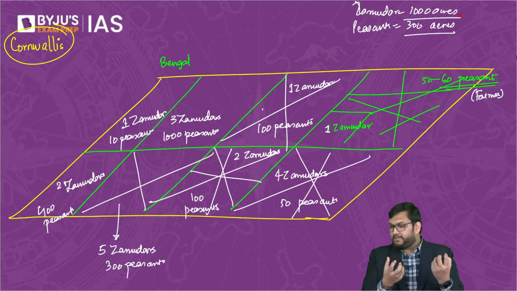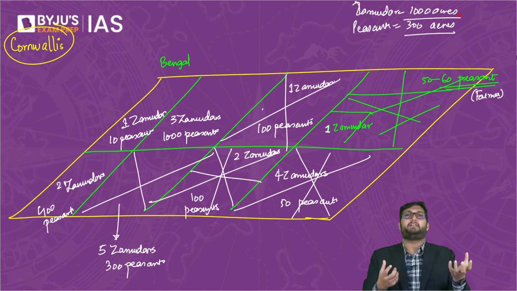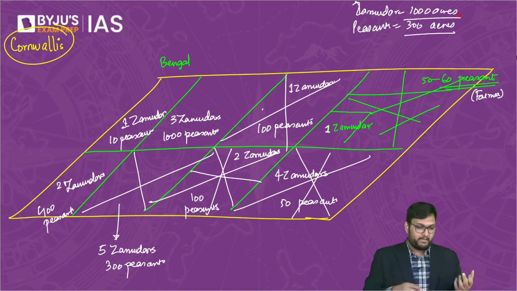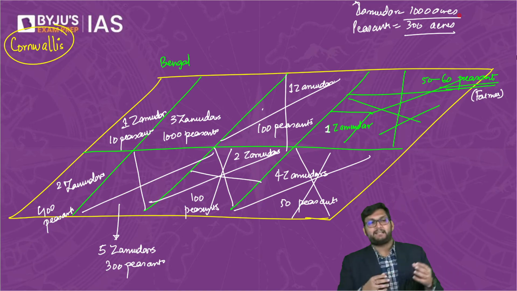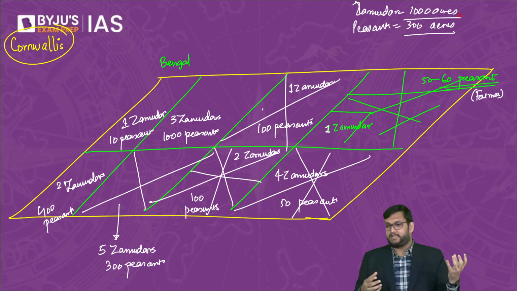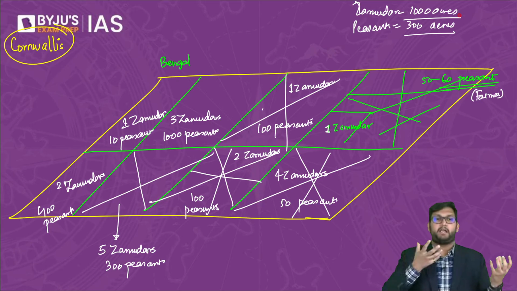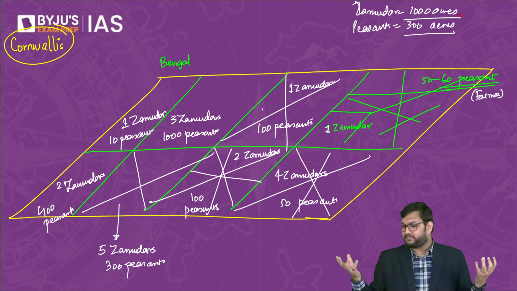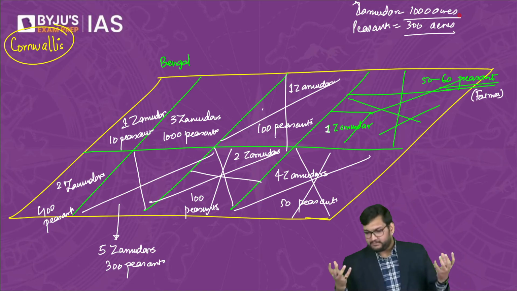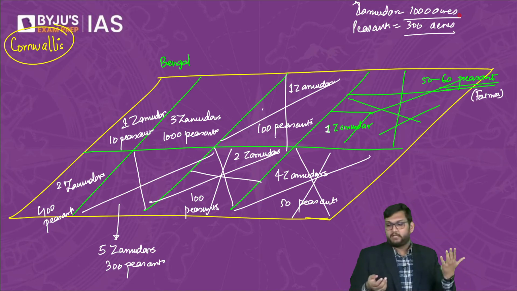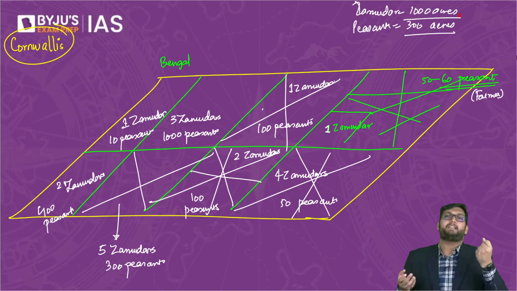But you tell me, is it easier to settle with 19 zamindars or with the other close to 1,000 peasants? Which is easier? The zamindar. It is easier to settle with the 19 zamindars.